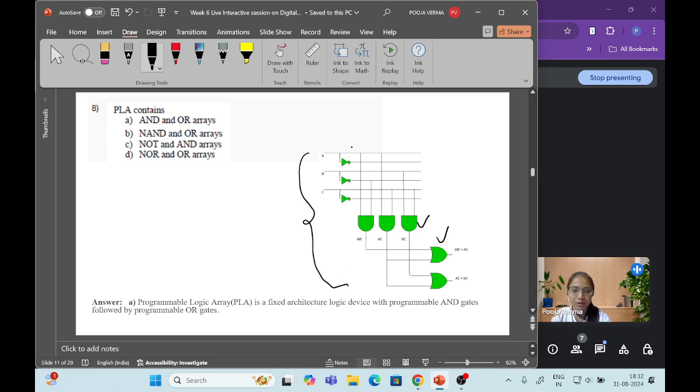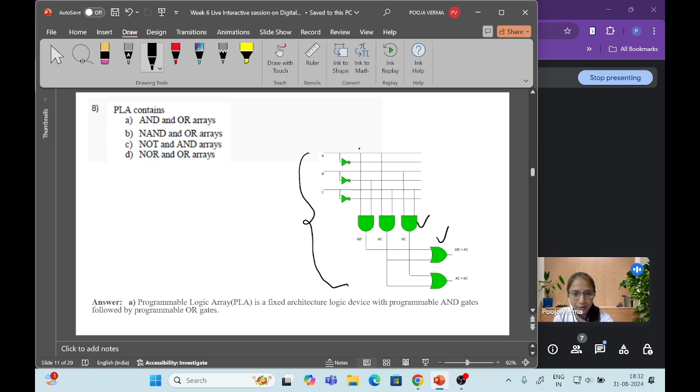Okay, so it can contain the inputs. It can be anything: X, Y, Z, A, B, C, and their complemented inputs are also available. So from there we have to make this circuit. For example, here AB dash is there, right?